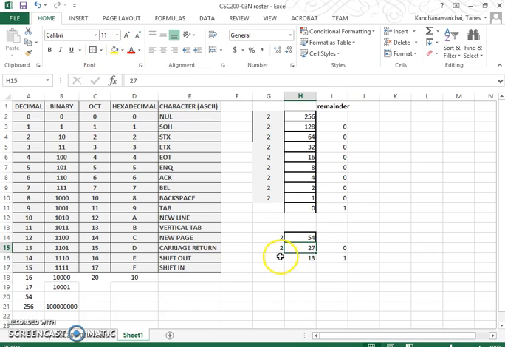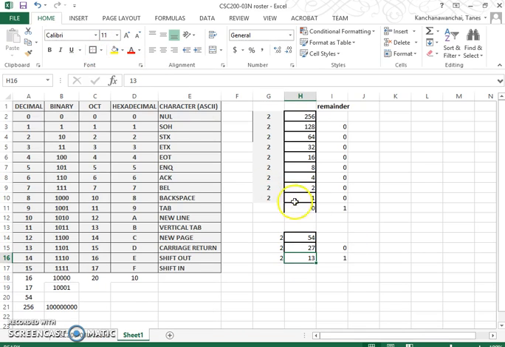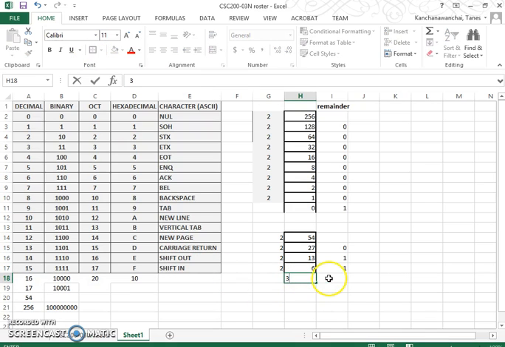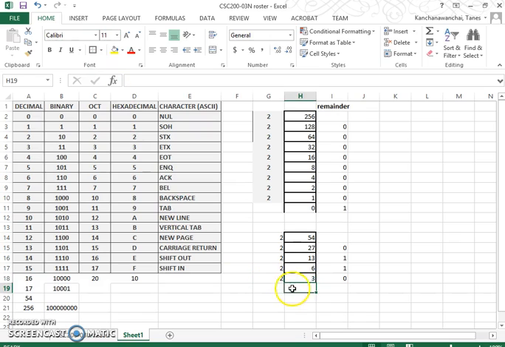And then I have to take 13 divided by 2. You will keep dividing until you get 0 at the end. So 13 divided by 2, we have 6, remainder is 1. And 6 divided by 2, what do we get? 3, remainder is 0. 3 divided by 2, 1, remainder is 1.